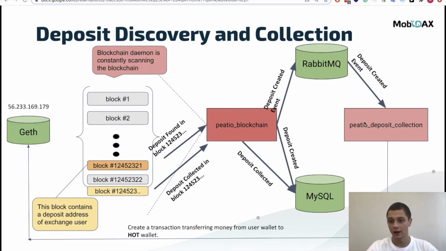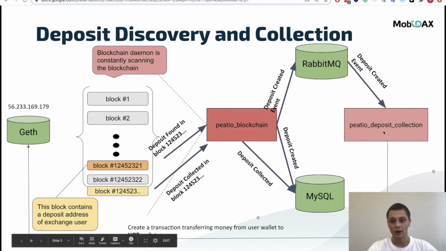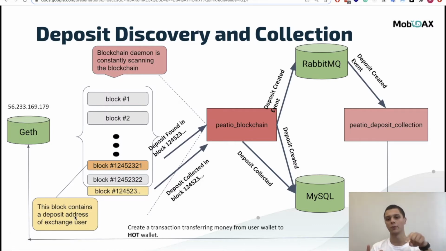So what deposit collection does is that it generates a transaction, and in this transaction you have your user deposit wallet and the exchange hot wallet, and you transfer the funds from the user deposit wallet to the exchange hot wallet.